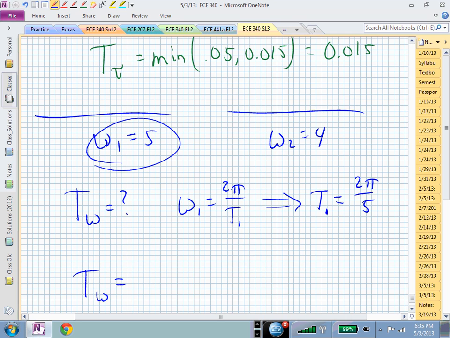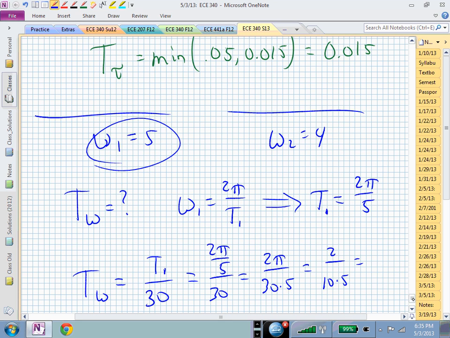How fast should I sample? We've just done this rule of thumb, 30 to 60 times in each period of that cyclic waveform, which in this case is now 2 pi over 5 over 30. If I cancel out the pi, is that okay?